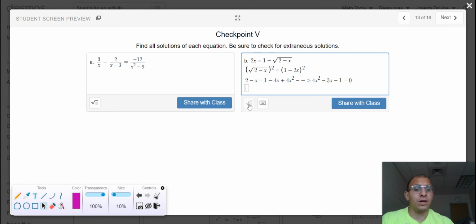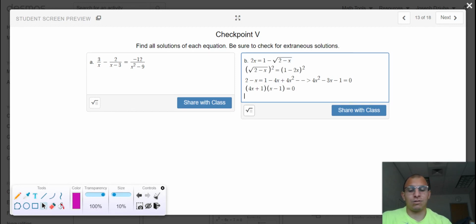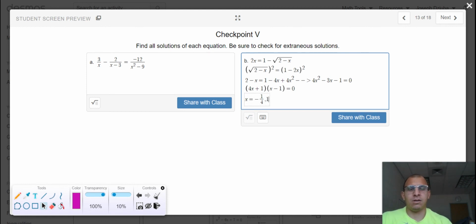So I'll invite you to pause the video at this point and make your attempt at factoring this expression before viewing my solution, which would be 4x plus 1, x minus 1. You should probably go ahead and double check my math because I would never trust a math teacher. And our solutions would include x equals negative 1/4 and 1.